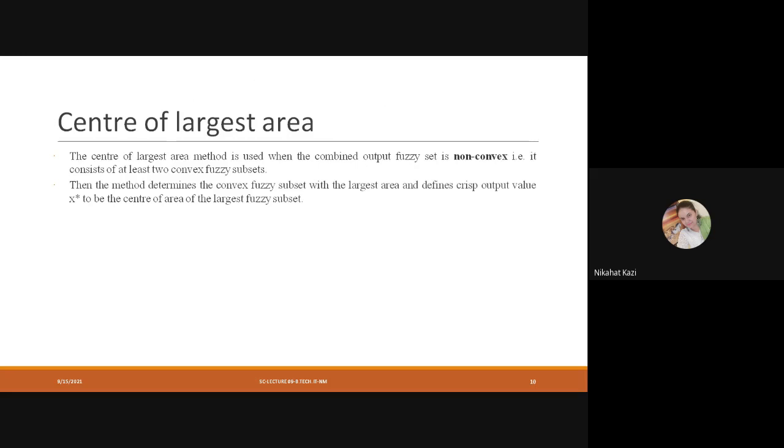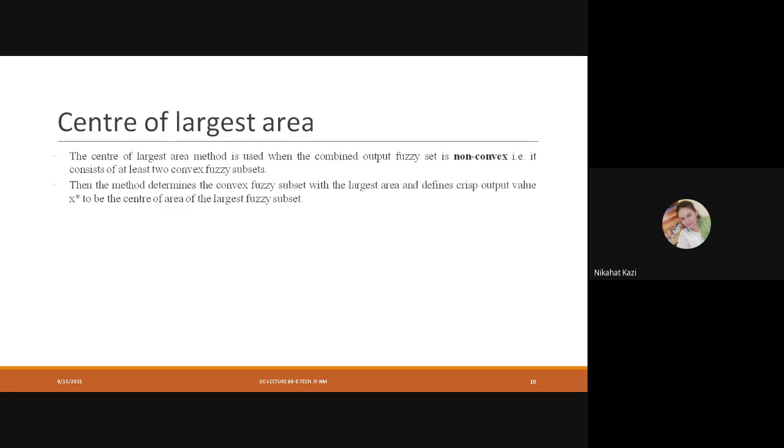So what happens in this case is you have to divide your region, the non-convex area that you have, into convex fuzzy subsets. And out of these convex fuzzy subsets, whichever fuzzy subset has the largest area, that area's center has to be considered as the defuzzified value.